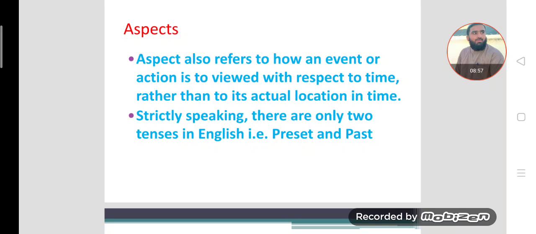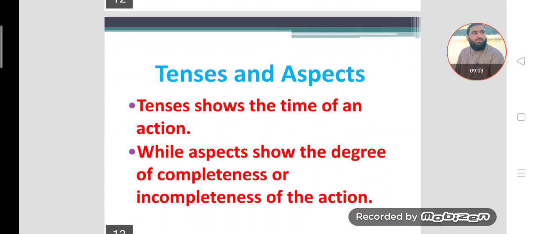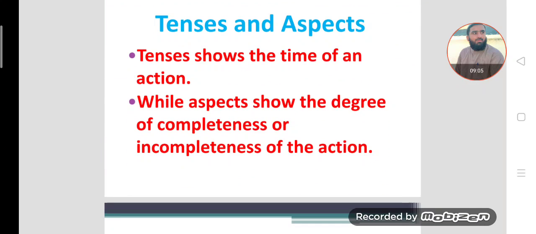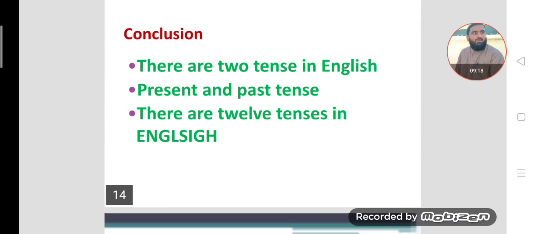Strictly speaking, there are only two tenses in English, that is past and present. Tenses and aspects. Dear students, tenses show the time of an action, while aspects show the degree of completeness or incompleteness of the action. So we have two tenses, present and past.